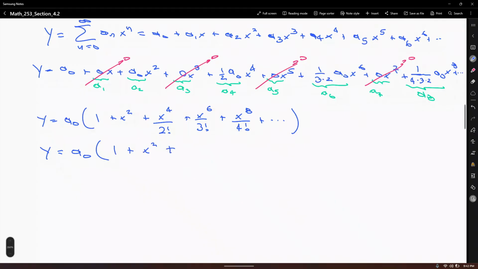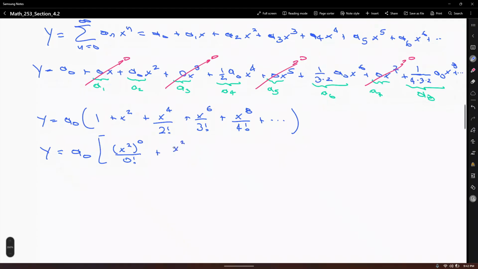Actually, I'm going to rewrite this one as x squared quantity to the 0, and I'm going to write this over 0 factorial. Hopefully we agree that 0 factorial is 1. Any quantity raised to the 0 power equals 1. So 1 divided by 1, it's still 1.